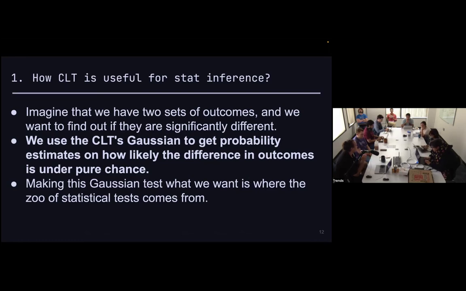If you have a Gaussian, you have some kind of probability. And if you normalize this Gaussian to be a normal 0-1 Gaussian, you can extract the probabilities there to use them as numbers that evaluate how different your data sets are. It's a way to introduce some kind of numbers into this comparison, make it more quantitative.